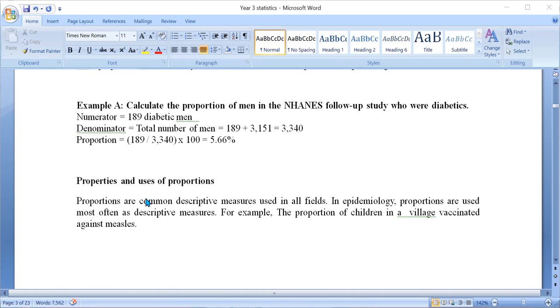So we have described that 5.66% or 6% of men were diabetic. We're just describing that 5.6% of men who participated in the study were what? Diabetic. Or the proportion of children in the village vaccinated against measles is 5%, or 10%.